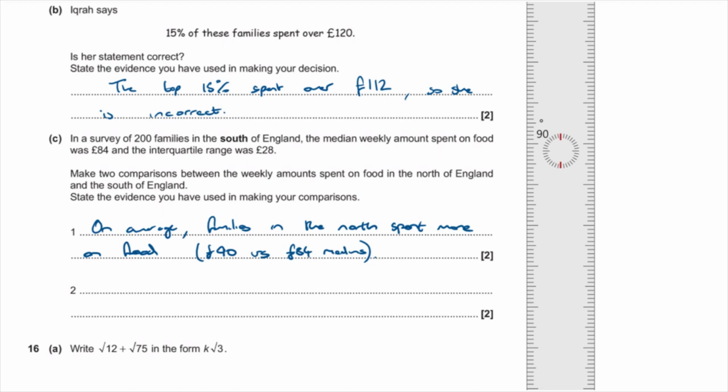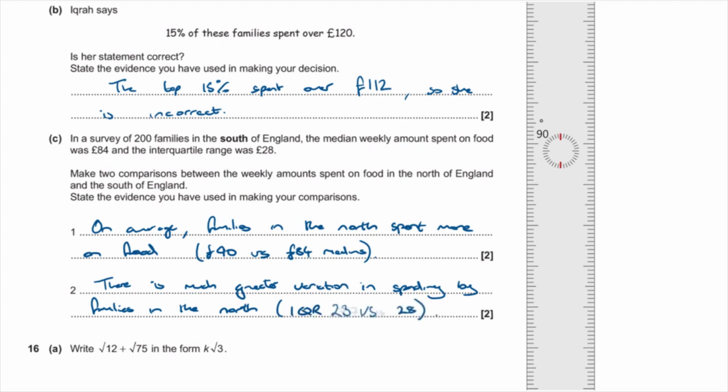So we're going to say that there is much greater variation in spending by families in the north, and we got that from the interquartile range. Okay, so that's my evidence. So we compared the interquartile ranges and we can say that there's much greater variation in the families in the north. Okay.